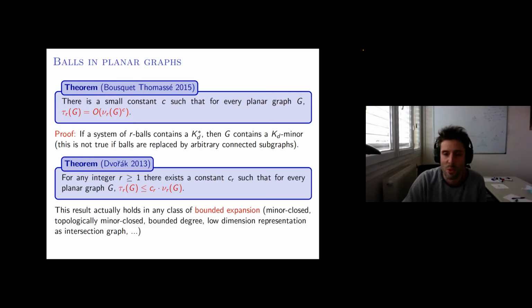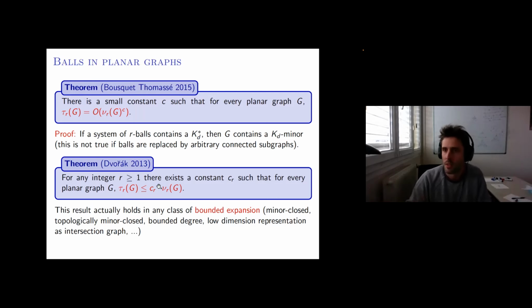I'm not going to talk too much about bounded expansion, but it includes minor-closed classes, classes closed under topological minors, and classes of graphs that have a low dimensional representation as intersection graphs. So the result is very strong, but somehow it's a bit too strong, because I will talk about it later. We don't expect that in such generality, we can prove the same result with a constant that doesn't depend on R.